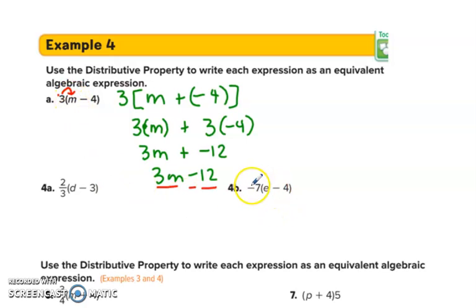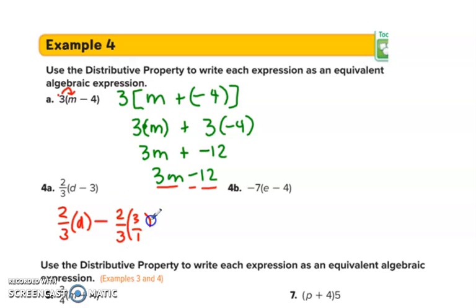But when you start putting negatives on the front, and you have negative inside of here, we need to think of it this way. Let's practice it one more time with the 2/3 here. We get 2/3 times d. Okay, and we'll just go ahead and look at this since we don't have a negative on the front. We can do that. Minus, and then 2/3 times 3.